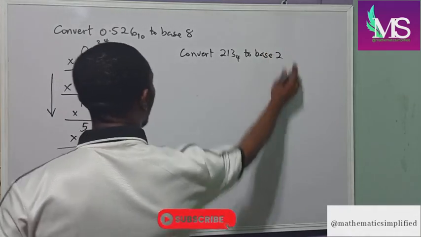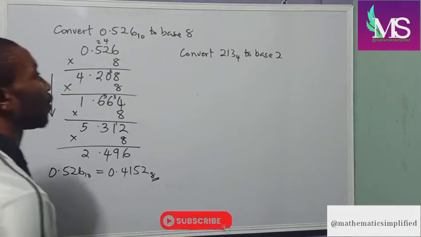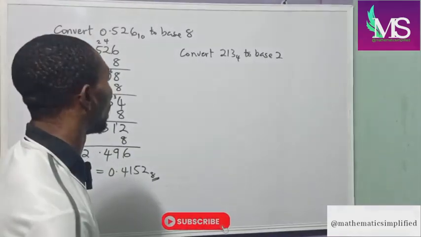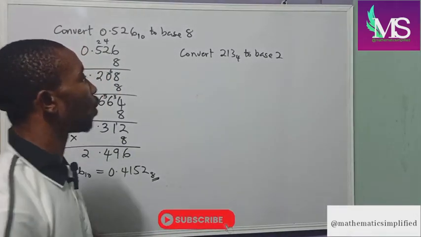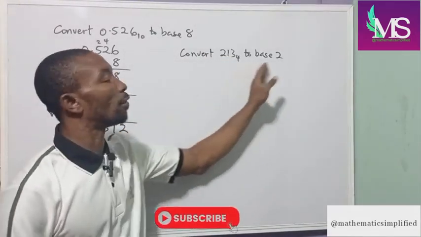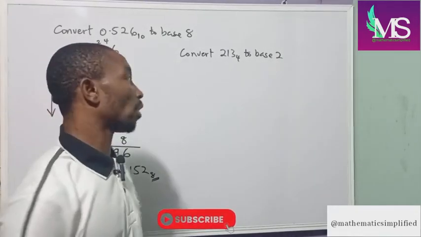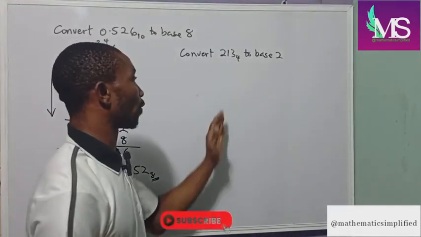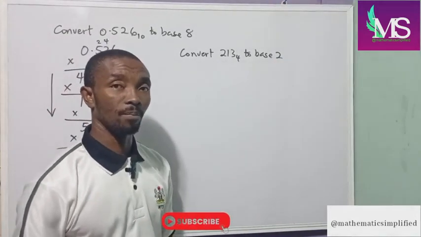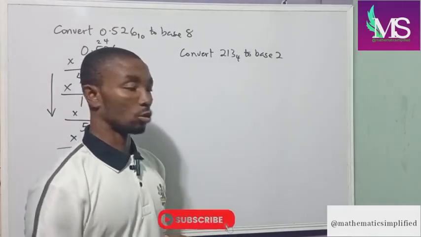Now, if we are converting 213 base 4 to base 2, that means we will have to first of all convert to base 10 before we can convert to base 2. In other words, for you to convert from one base to another base, you first of all convert to base 10 before you convert to base 2.